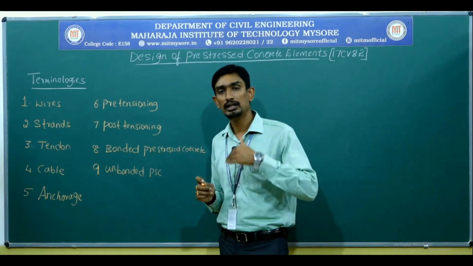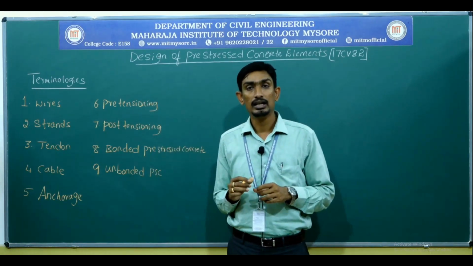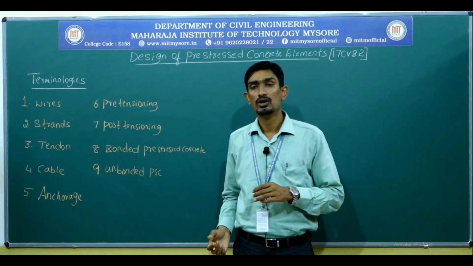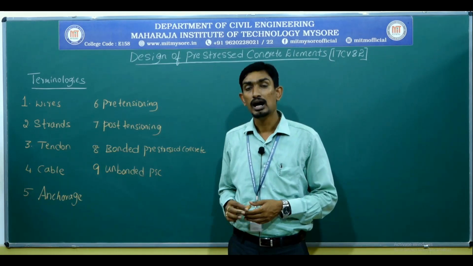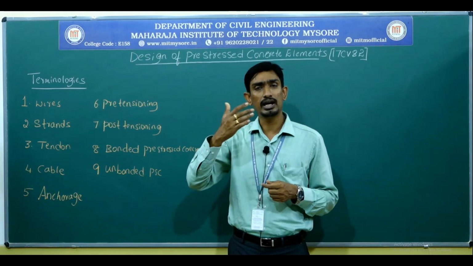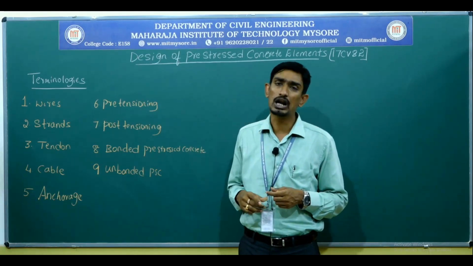Why? Because there, first I cast the concrete, and later I put the tendon in the duct. That is called unbonded. Later, as I showed in the figure, in order to create bonding, the tendon and the hardened concrete will be grouted.